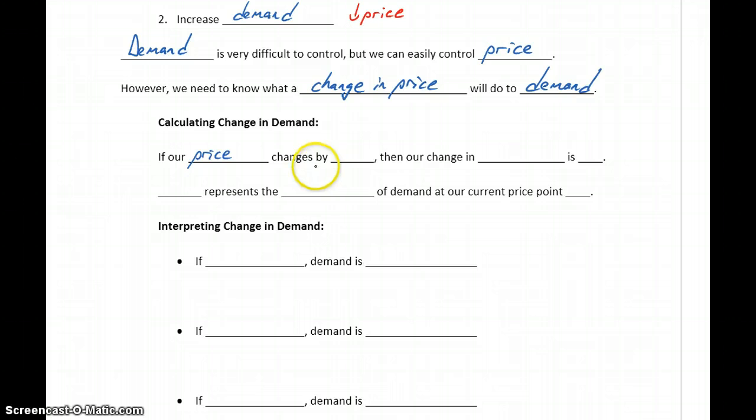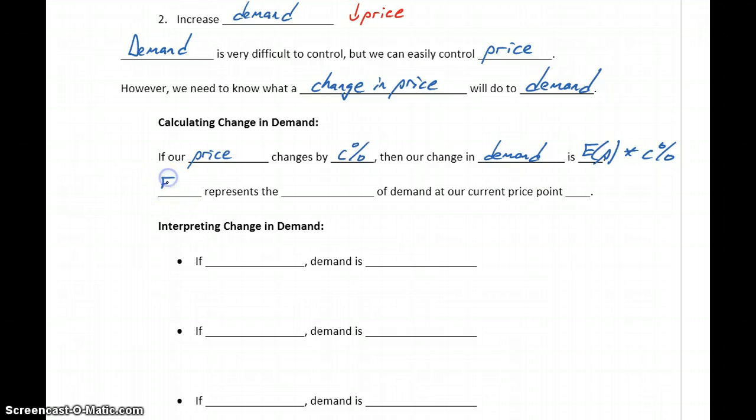So what we want to look at is how we can calculate the change in demand. So if our price changes by some percent, let's say C percent, so it could increase by 5%, decrease by 10%, then our change in demand can be calculated as E of P times that percent change in our price.